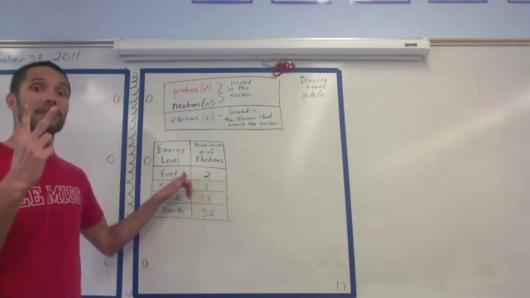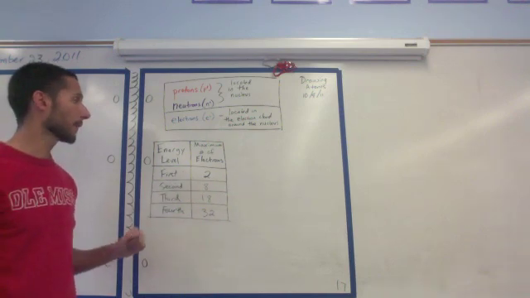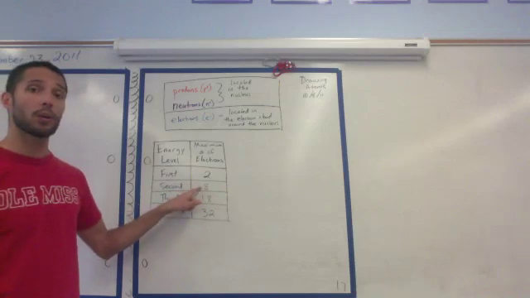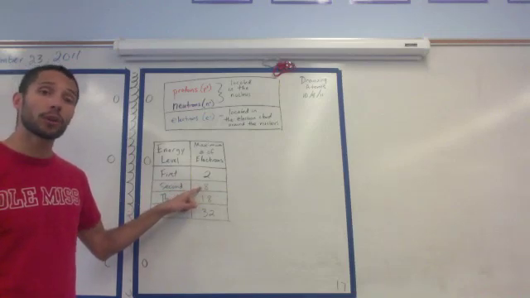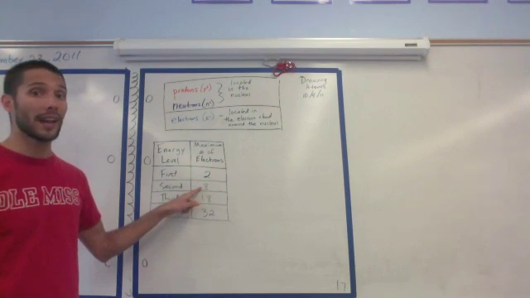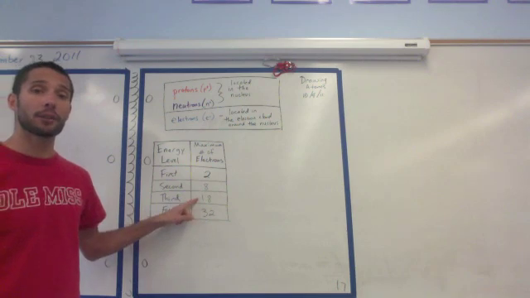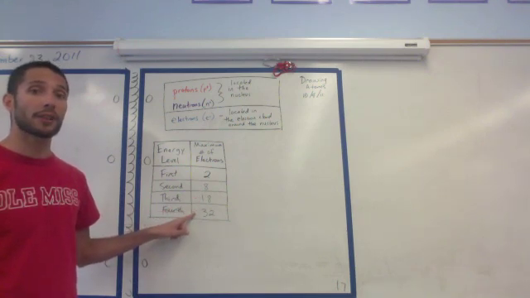It can't have 17. It can only hold 2 electrons. The second energy level can hold up to 8. It can hold fewer than 8, but it can't hold more than 8. It can hold exactly 8, but no more. The third energy level can hold 18, and the fourth energy level can hold up to 32 electrons.